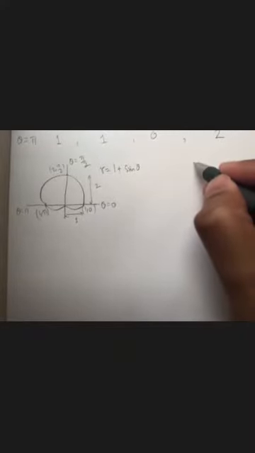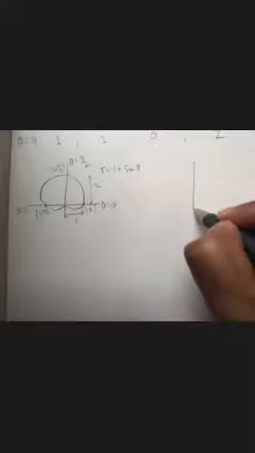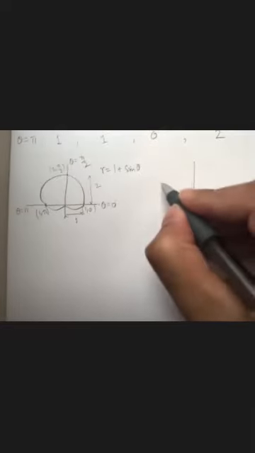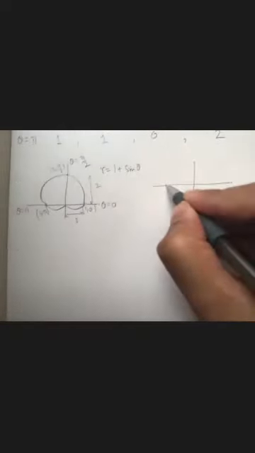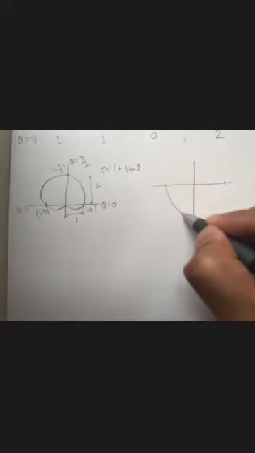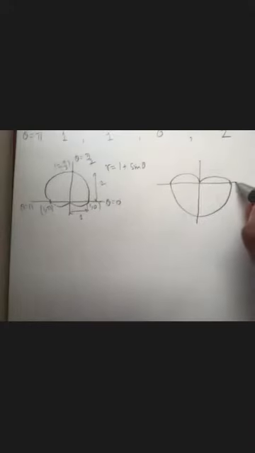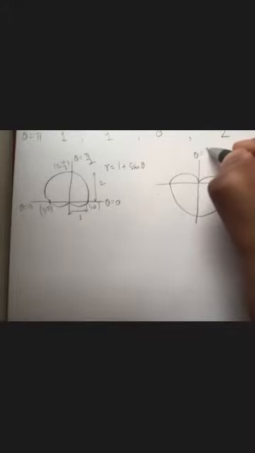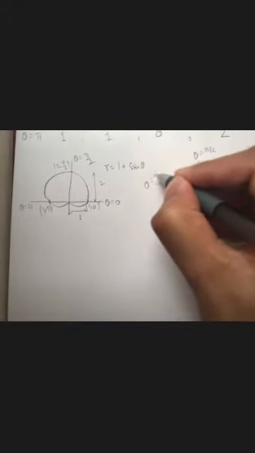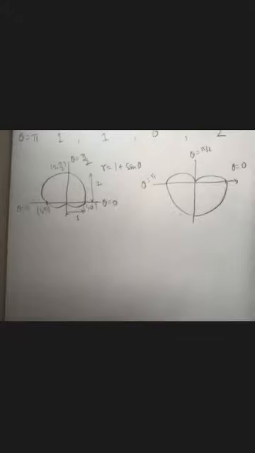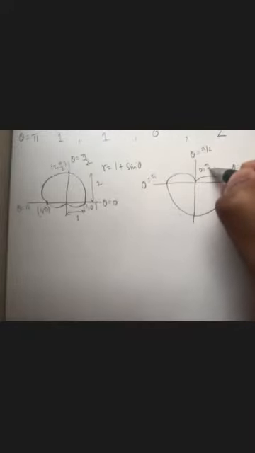Similarly, theta equals 0, theta equals pi over 2, theta equals pi. This point is 1 comma 0. This is 0 comma pi over 2.